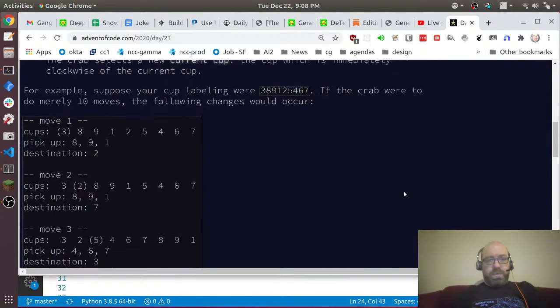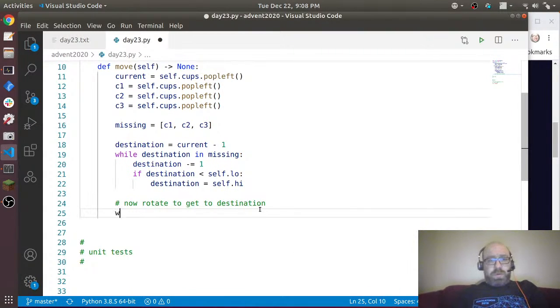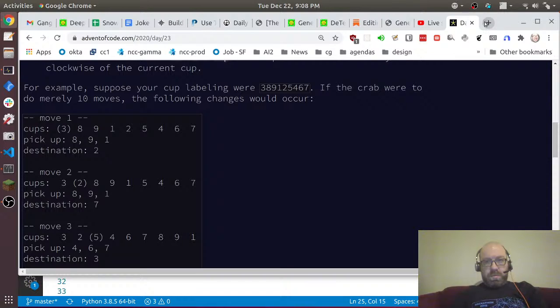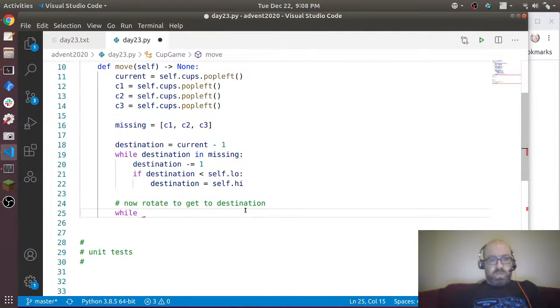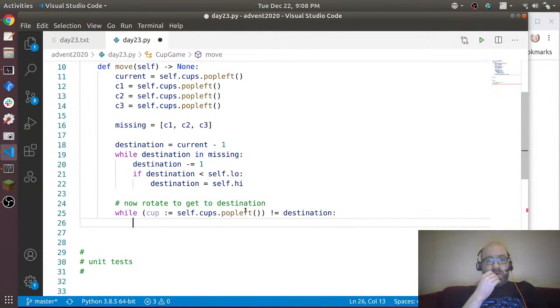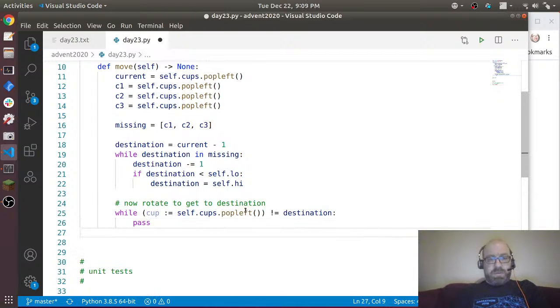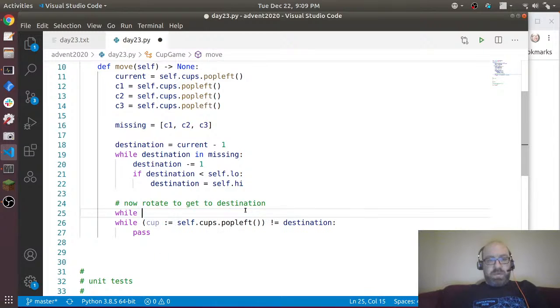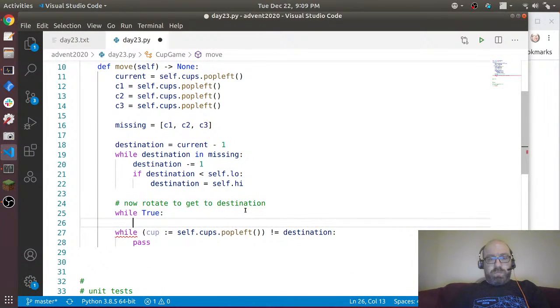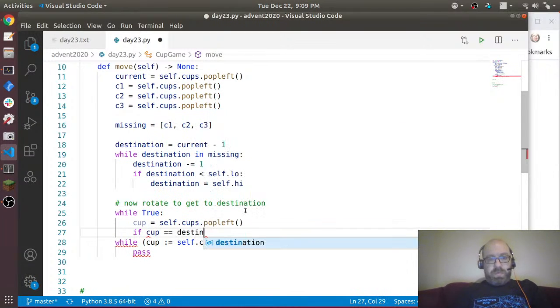So 891 go to 2, and so while cup equals self.cups.popleft(), while that is not equal to destination, pass, or let's say while True, cup equals self.cups.popleft(), if cup equals destination, then break.